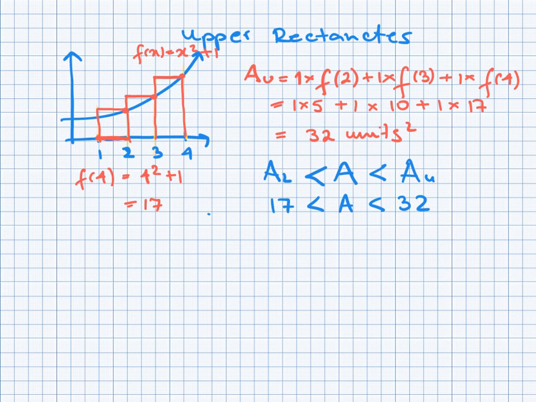What is happening as the subinterval width is reduced further and further?